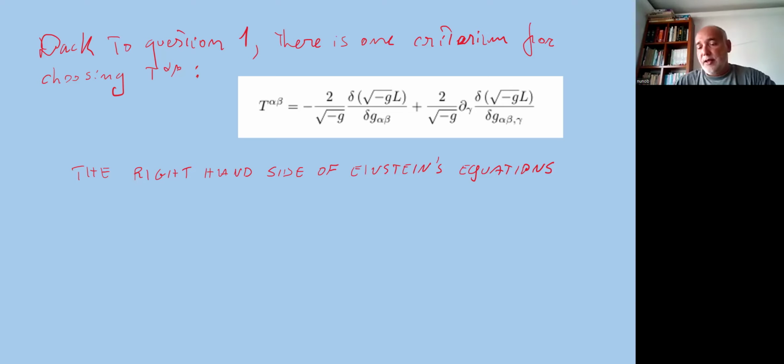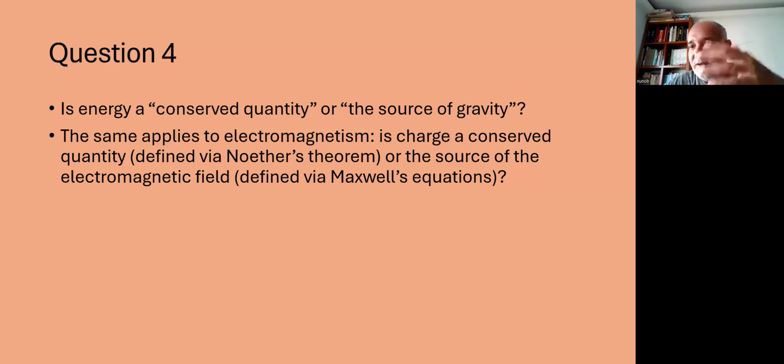Okay. Now, my doubt about using this criterion is the following, and this is kind of a philosophical question. Is energy a conserved quantity or the source of gravity? Because you see that energy shows up in both ways.